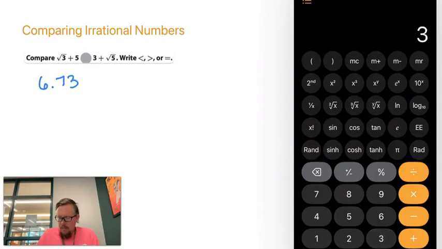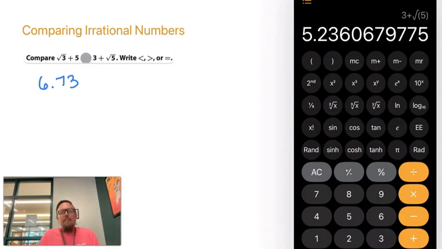So 3 plus square root 5, and that gives me 5.2. So let's do 5.24 just so they both have 2 places after the decimal, even though I don't really need any places after the decimal because the left side is 6 and the right side is 5, and I'm pretty sure 6 is bigger than 5.